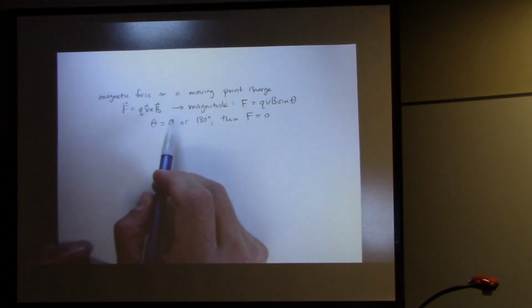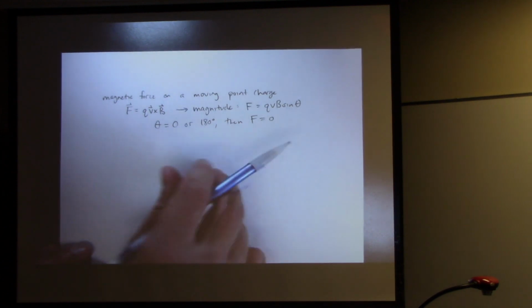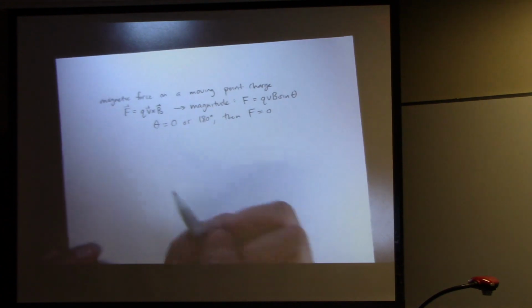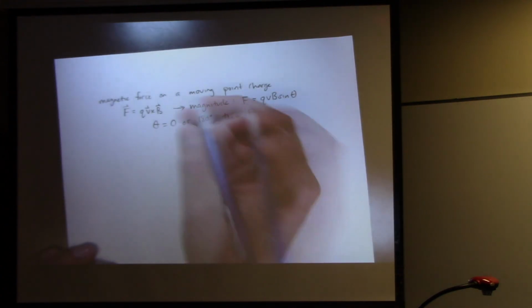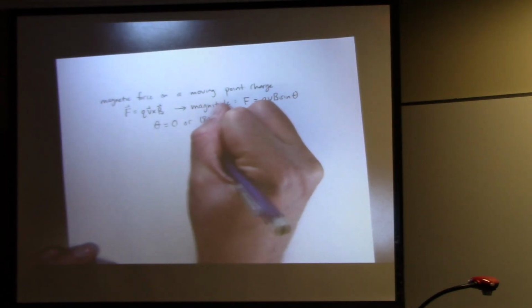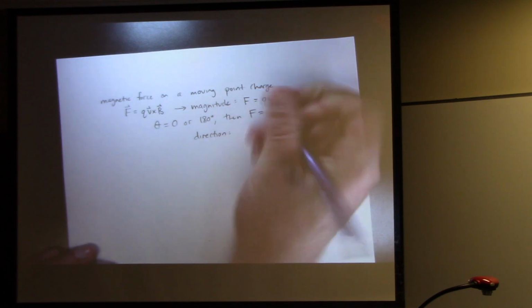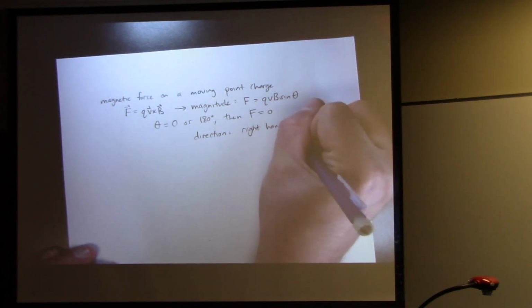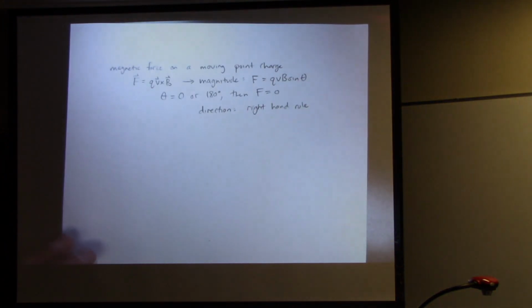If my velocity is going exactly with the B field lines, or exactly against it, either way, there's no force. Okay, and then finally, if we want to understand the direction, then we're just using the right-hand rule. So I think that's enough to really just have in your head to work out each one of the examples.